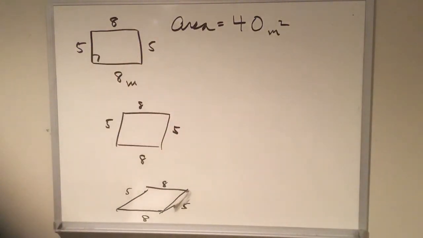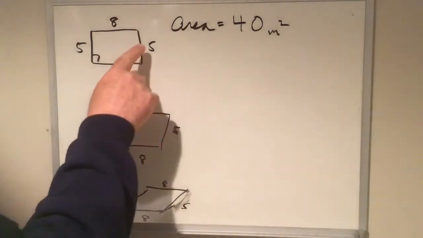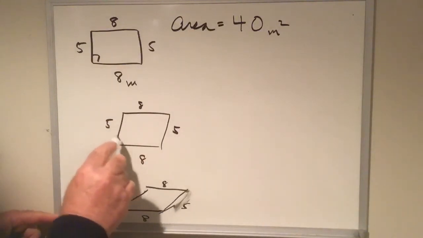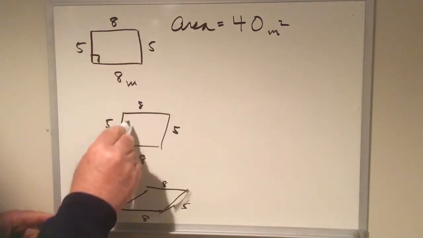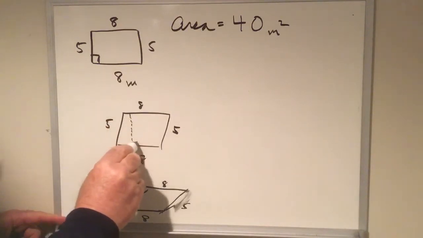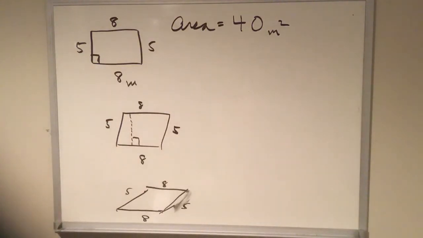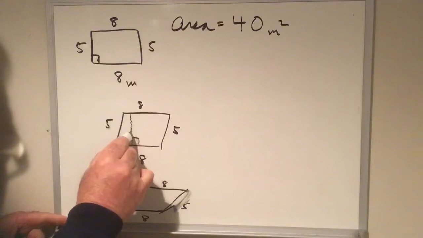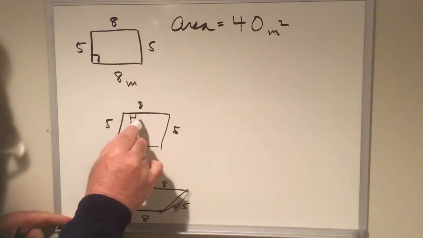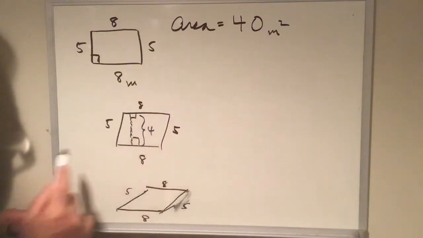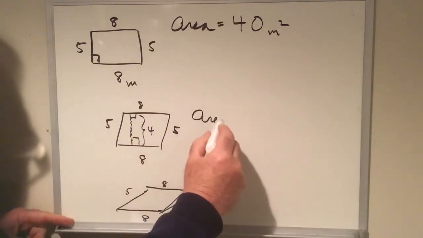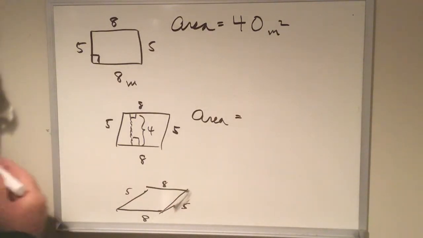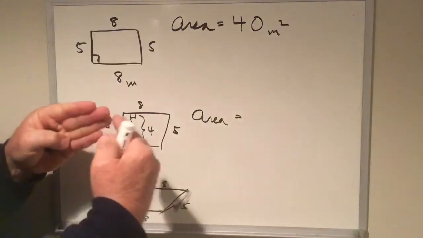The area of that rectangle is 8 times 5 because the base is 8 and the height is 5. In this parallelogram, if you don't see a right angle, and the right angle is crucial to telling you something about height. So if you were told this dotted line from here to here is perpendicular to these two sides, and that this is 4, what would be the area of this parallelogram? It's our inclination to say 8 times 5. But a height and a base they go together.